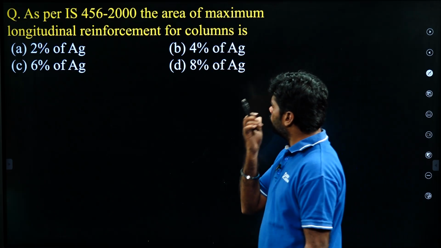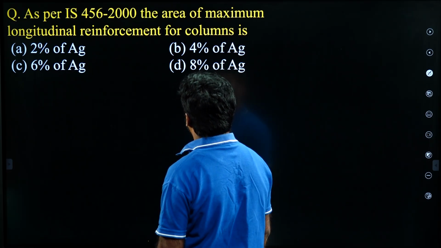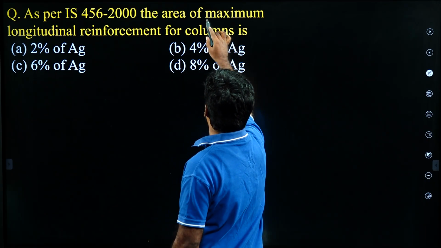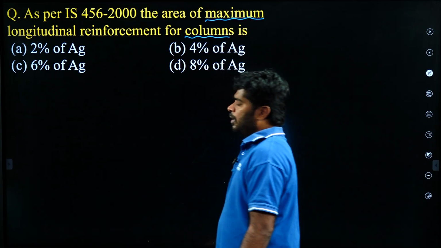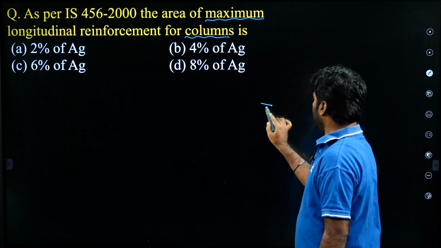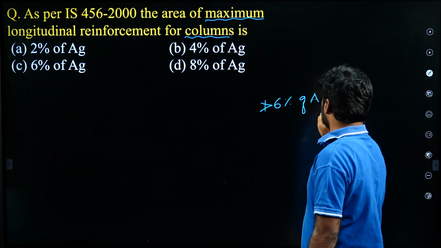As per IS 456-2000, the area of maximum longitudinal reinforcement for a column: maximum reinforcement in columns should not be more than 6% of the gross cross-sectional area of the column.